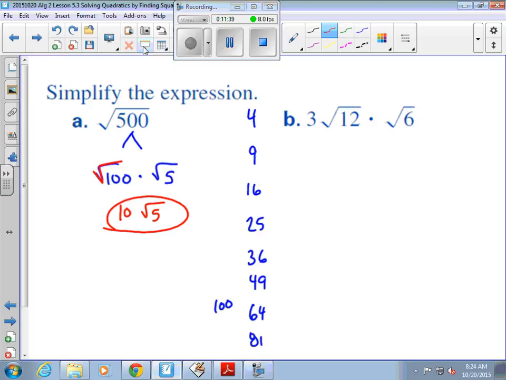Okay, next to it, do this one. 3 times the square root of 12 times the square root of 6.